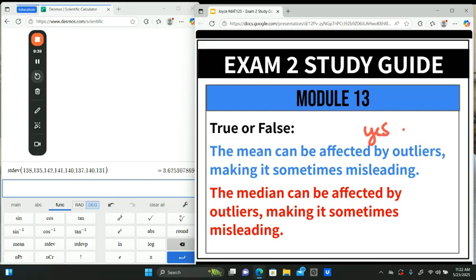So yes, this is true. The second one says the median can be affected by outliers, making it sometimes misleading. And this would be false because the median, if you'll remember earlier when we found it, we took 1 off of each end. It's not really going to be affected by outliers. So this would be false.